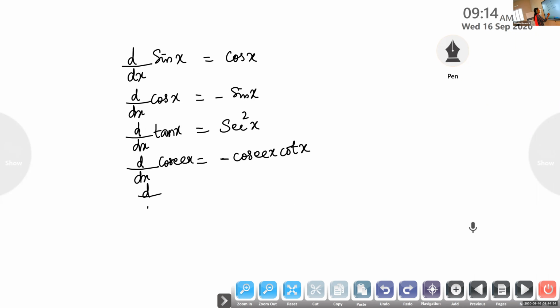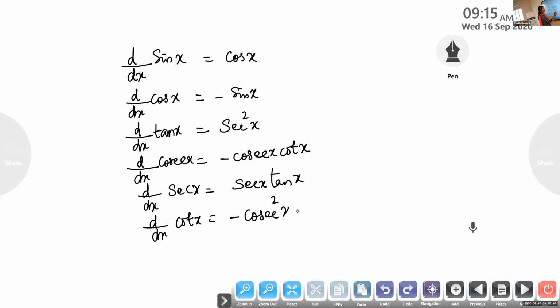Derivative of sec x is sec x tan x. And derivative of cot x is minus cosec square x.